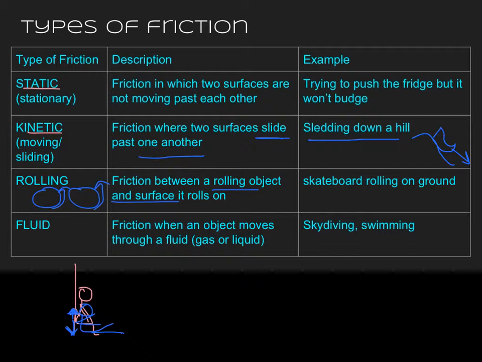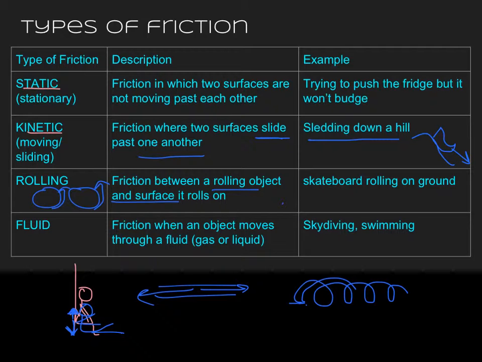So kinetic friction means like two flat surfaces that are sliding past each other. But rolling friction is actually just this rolling situation where you have very, very little surface touching and it's always rotating around. So like a skateboard, rolling friction.